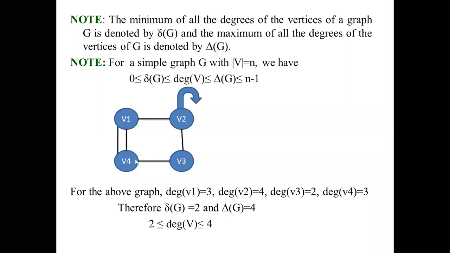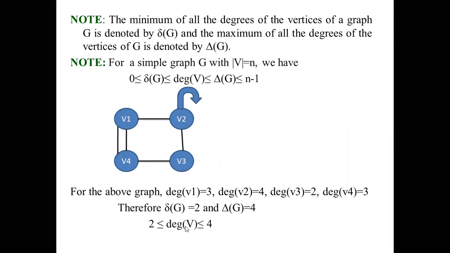Let us consider an example here. V1, V2, V3, V4. So the total number of vertices is 4. The degree of V1 is 3 and the degree of V2 is 4, because it has a self loop and it counts 2, so 2 plus 2 is 4. Degree of V3 is 2 and degree of V4 is 3. Therefore, in this given graph, the minimum degree of a vertex, delta of G, is equal to 2, and the maximum degree is 4.